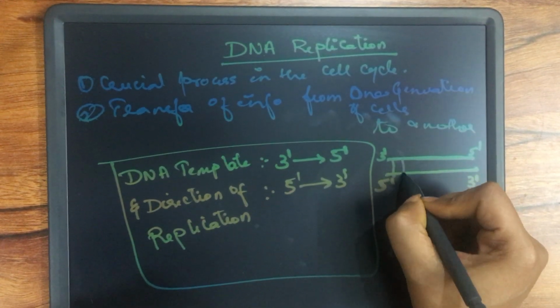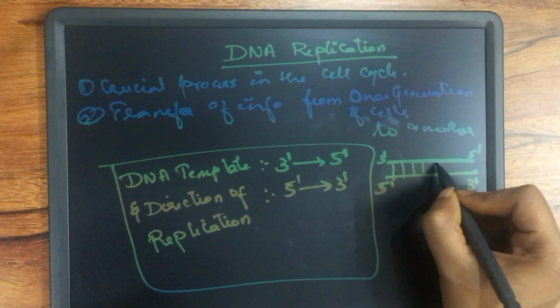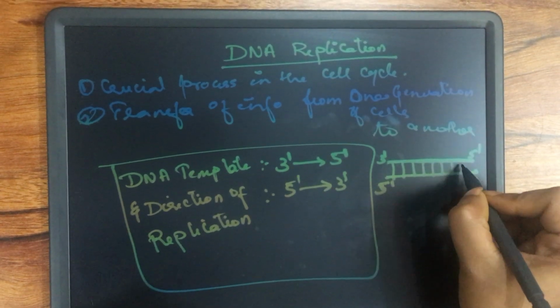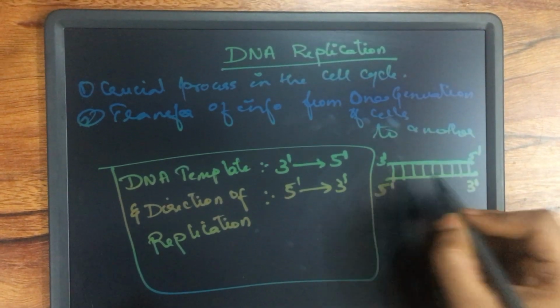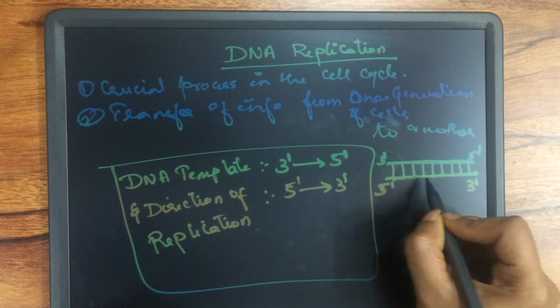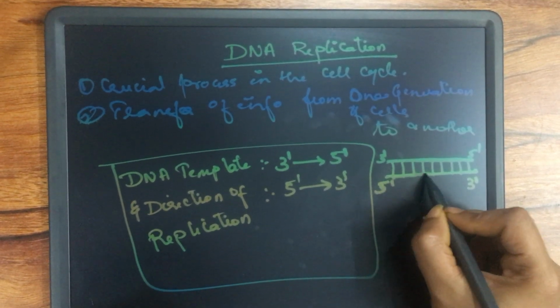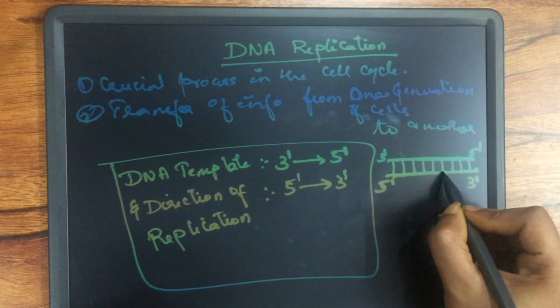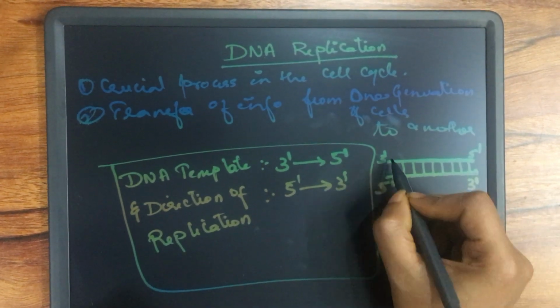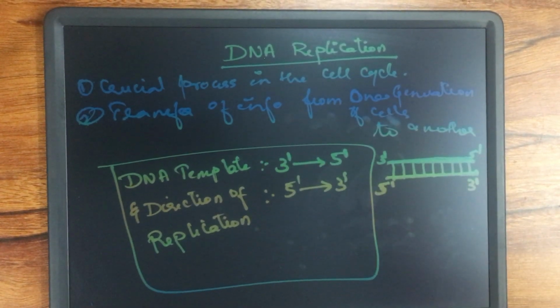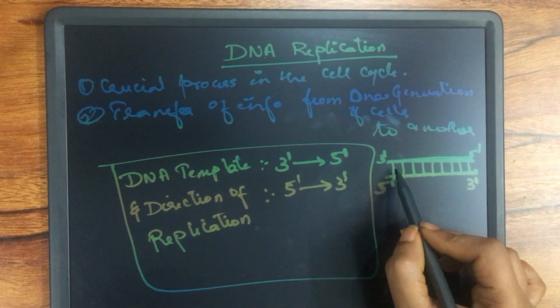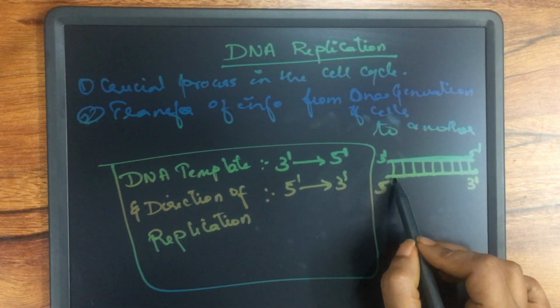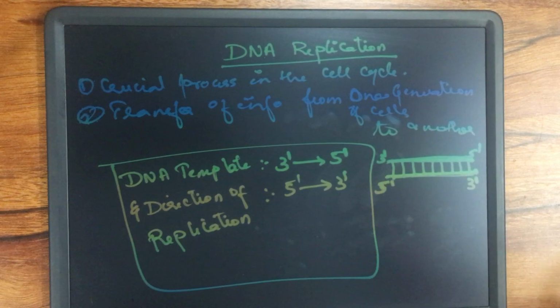They have hydrogen bonds between the nucleotides, and in turn the nucleotides are joined by phosphodiester bonds. So in between you have the hydrogen bonds, and they are anti-parallel in direction.